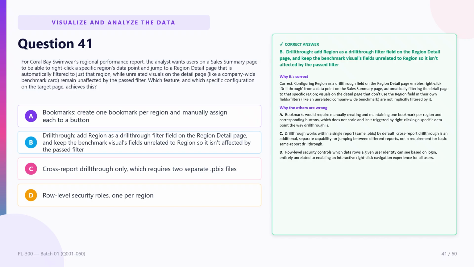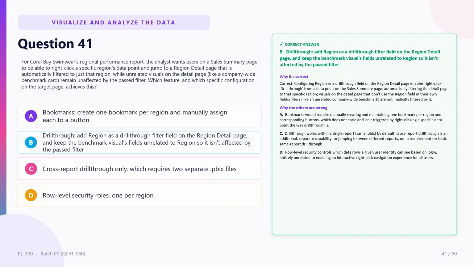Now, why the others are wrong? A, bookmarks would require manually creating and maintaining one bookmark per region and corresponding buttons, which does not scale and isn't triggered by right-clicking a specific data point the way drill-through is. C, drill-through works within a single report, same .pbix by default.